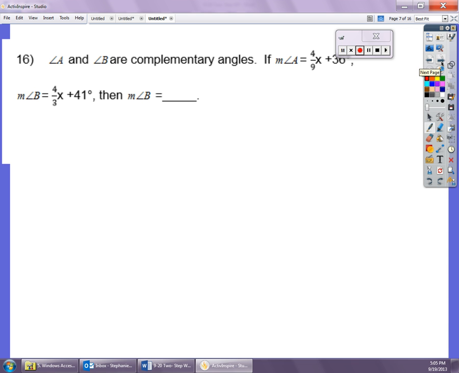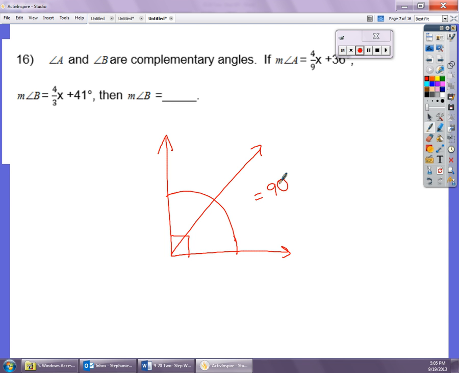All right, number 16, they talk about complementary angles. Complementary angles are two angles that when you add them together equal 90 degrees. So they told us that this was complementary, so I know 4/9 x plus 36 plus 4/3 x plus 41 has to be equal to 90.